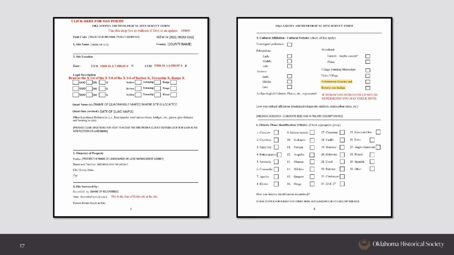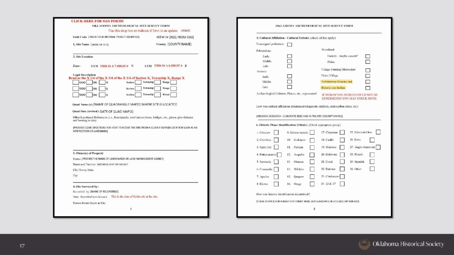Underneath it says, "How was cultural affiliation determined?" Please say no archival research was done. The site form then clearly indicates that that information is incomplete.